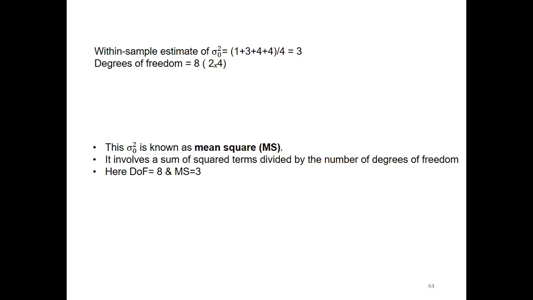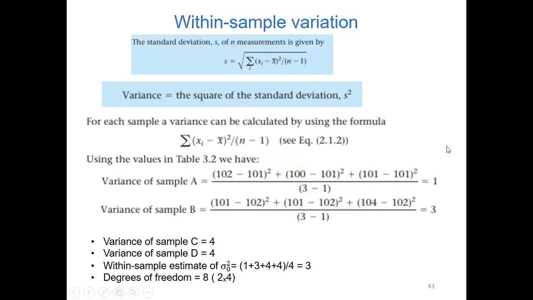We call it mean square. The reason for calling it mean square is that this value involves the sum of squared terms divided by the number of degrees of freedom. So when we calculate this sigma naught value, I'll go back to the previous slide.